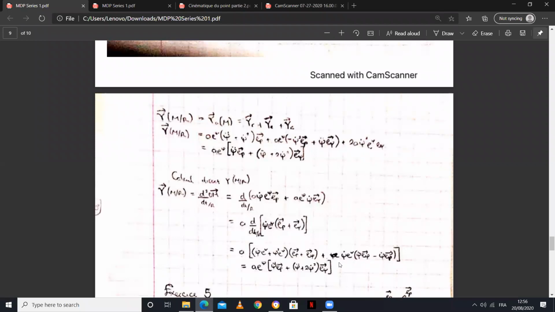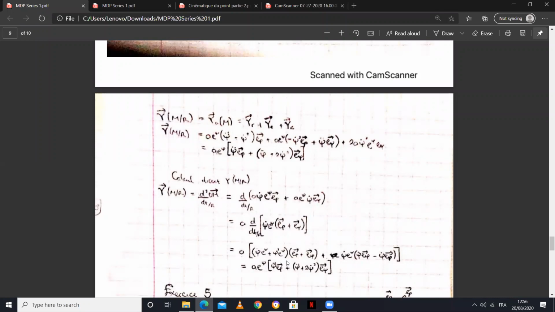The problem with going directly is that you might get confused when it comes to la formule de Bour. If you don't know it very well, it might confuse you, okay? So you might get the answer wrong.